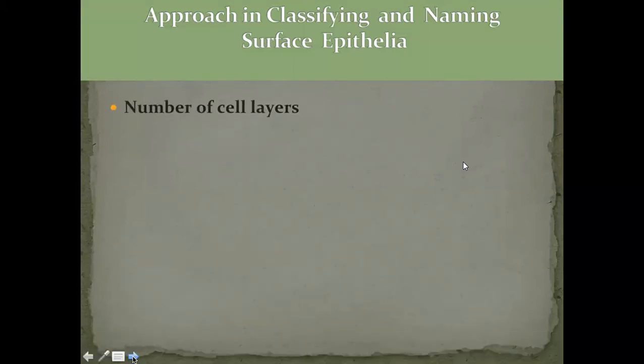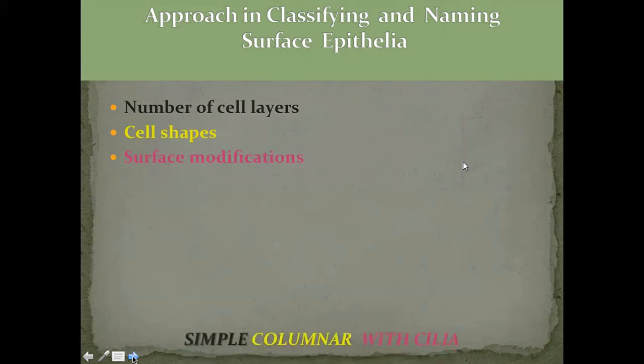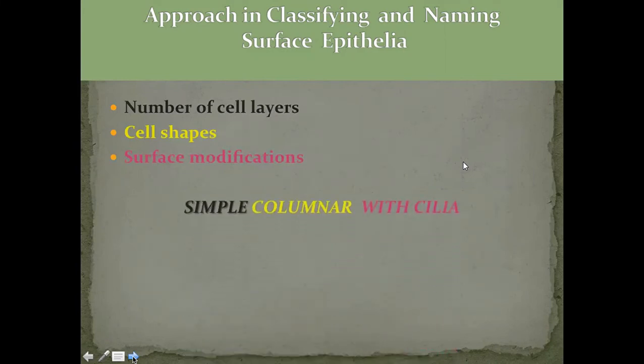Naming and classifying surface epithelia depends on the number of cell layers, number 2, the cell shape, number 3, if there are surface modifications.